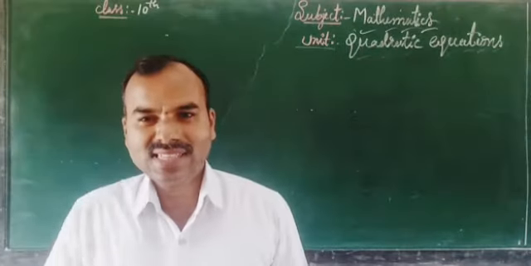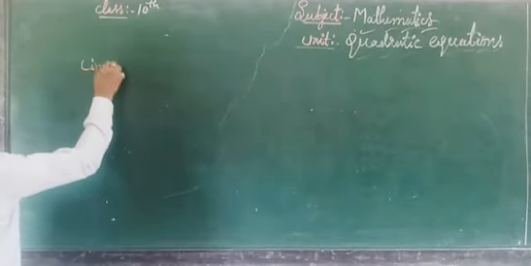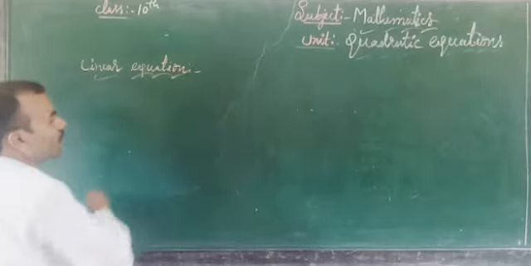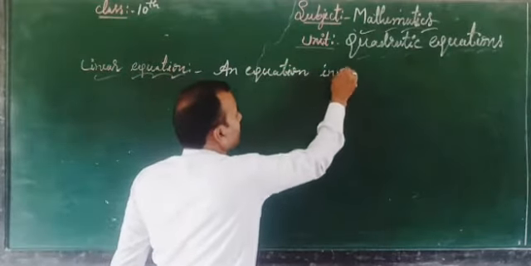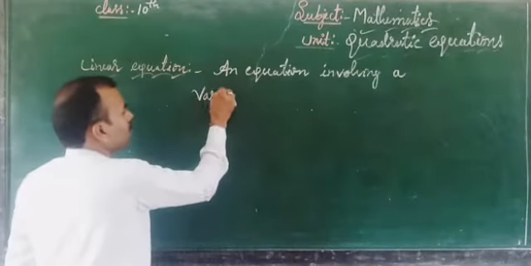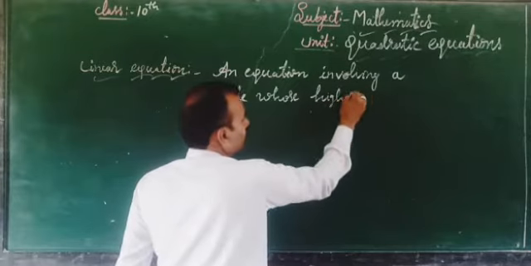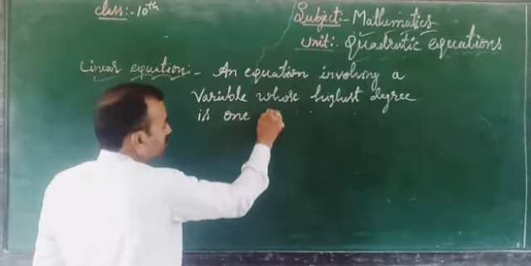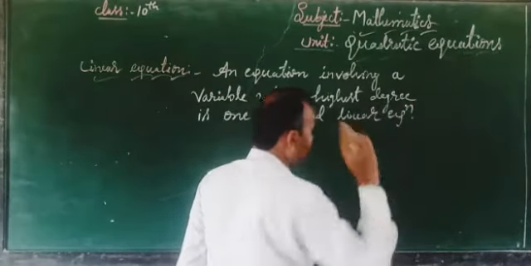Just take down the linear equation. An equation involving a variable whose highest degree is 1 is called a linear equation.